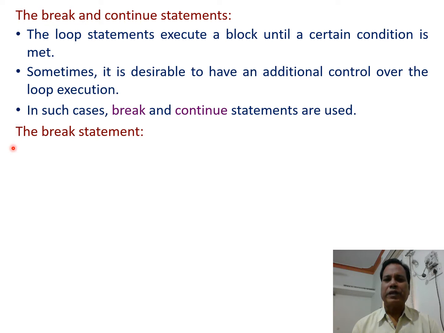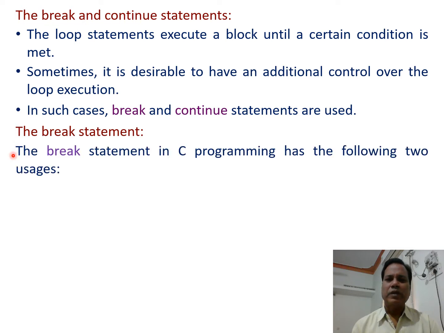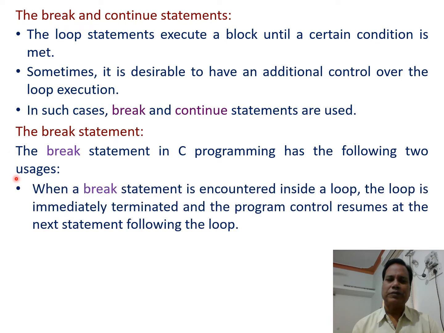The break statement. The break statement in C programming has the following two uses. When a break statement is encountered inside a loop, the loop is immediately terminated and the program control resumes at the next statement following the loop.